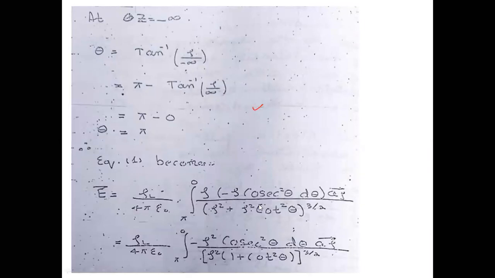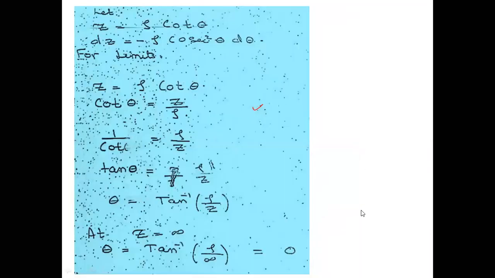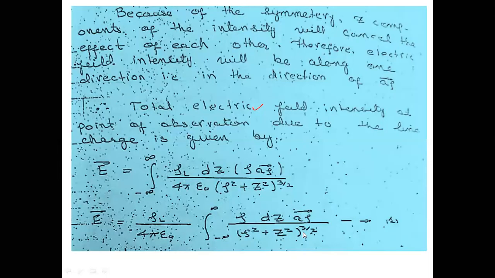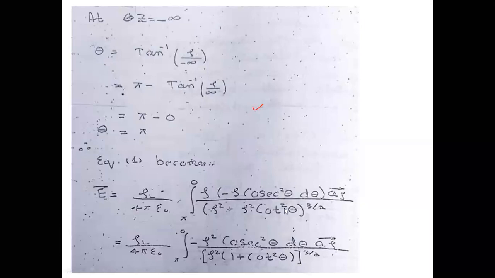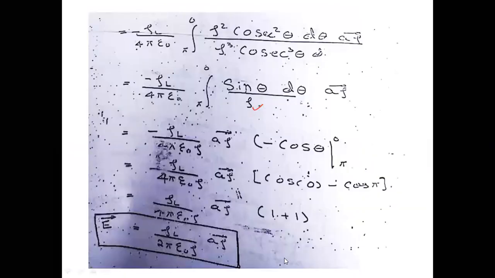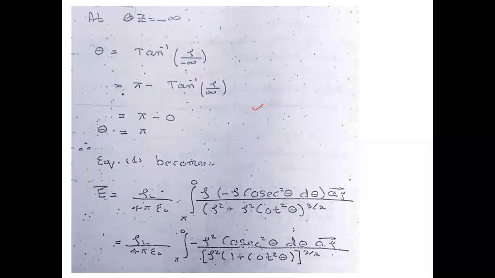Okay, so rho square cotangent square theta, and this is actually power 3 by 2. Now taking rho square common, we will get 1 plus cotangent square theta, and 1 plus cotangent square theta is equal to cosecant square theta.